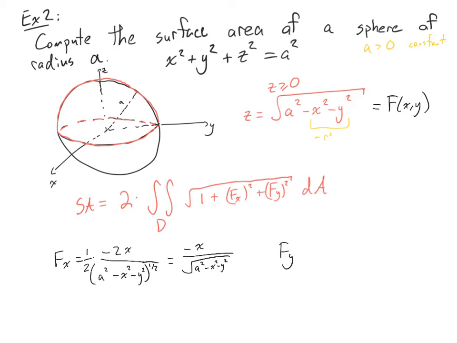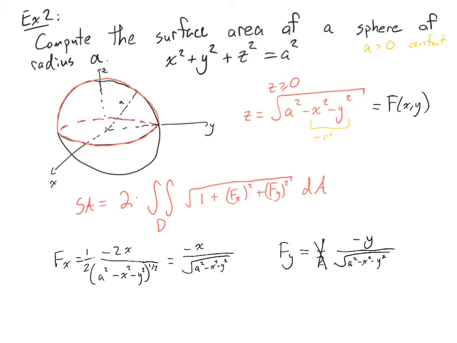And fy is similar. I've got a big square root, so that's a 1/2, 1 over the square root of a squared minus x squared minus y squared, and now my chain rule term is going to be minus 2y, so the 2's can cancel, so minus y.